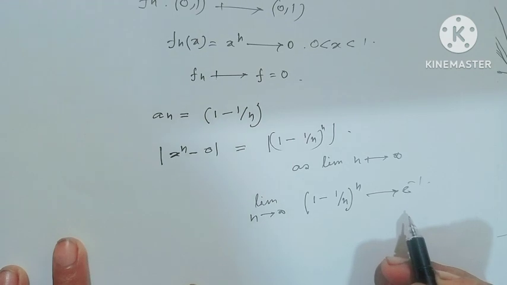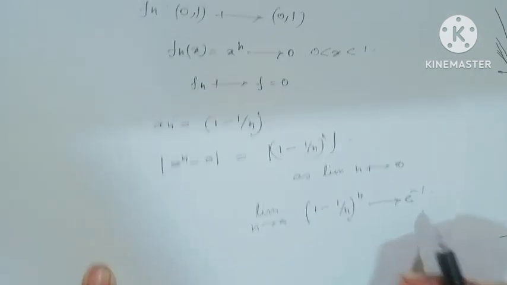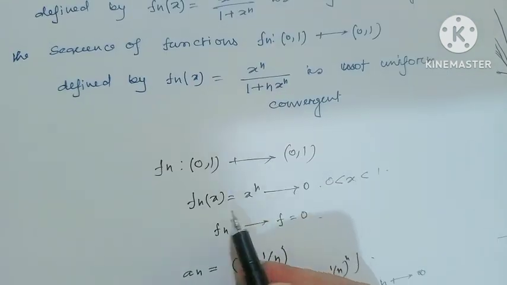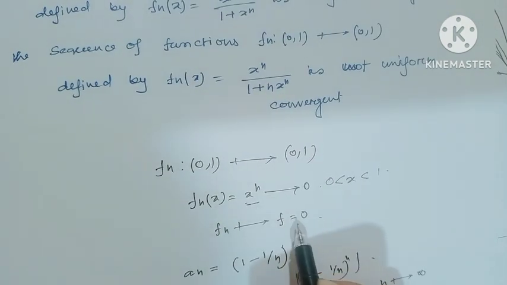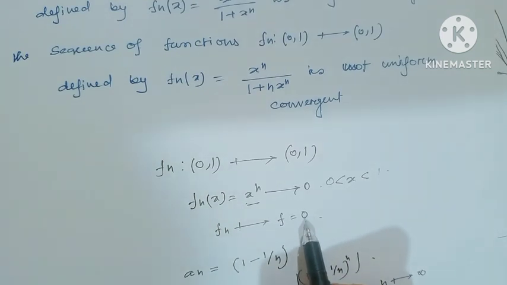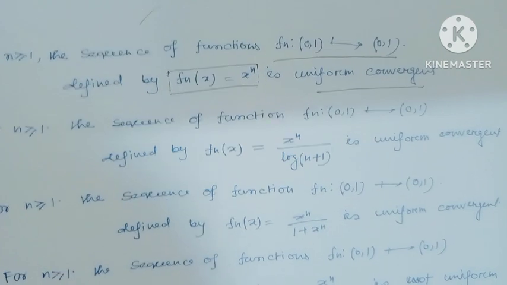Since this does not converge to 0, this sequence of functions fn(x) equal to x to the power n does not converge uniformly to the function f equal to 0.